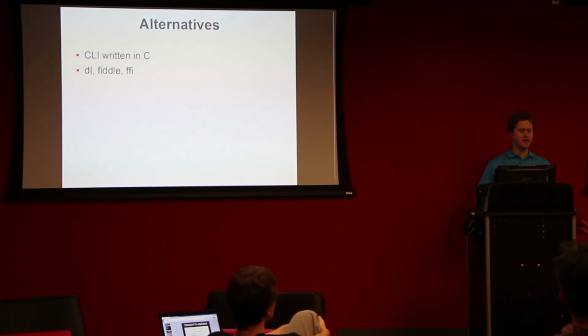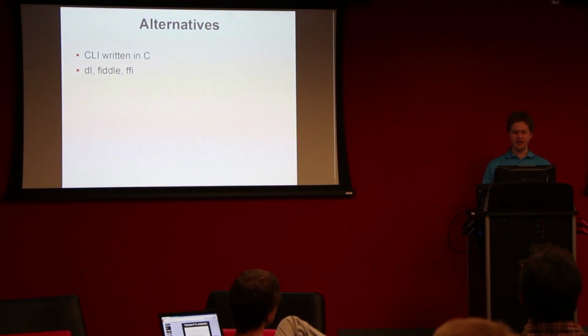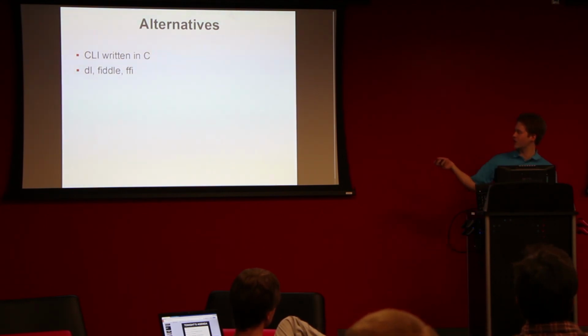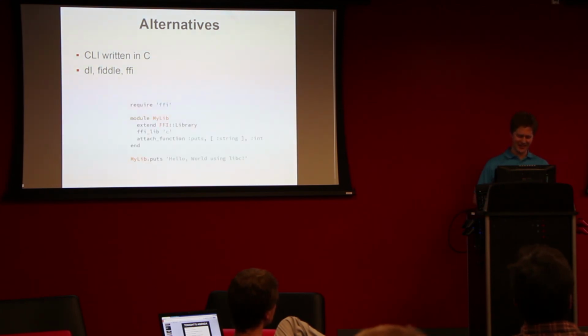Another alternative could allow you to access C libraries without writing any C code at all, actually. There are these three things that are all kind of the same. They're called DL, fiddle, and FFI. Here's some example FFI code taken right off their website.